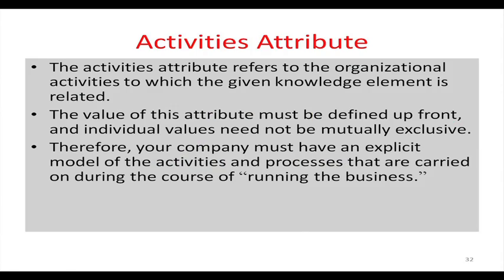Otherwise, the same knowledge element would be tagged with the same activity in two different areas. That is to be avoided, and that is why it has to be exclusive and explicit. So, these are the two characteristics. Depending upon the nature of the organization, you have to define these attributes related to each and every activity and make them exclusive and explicit.